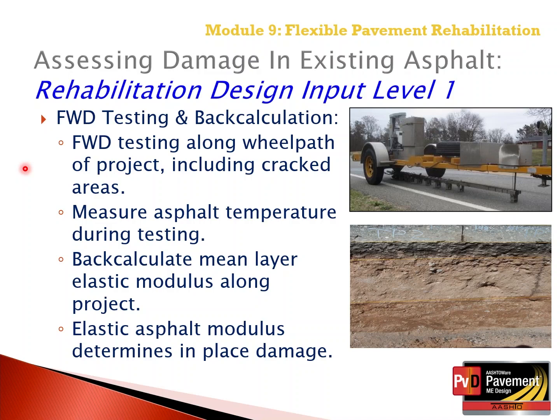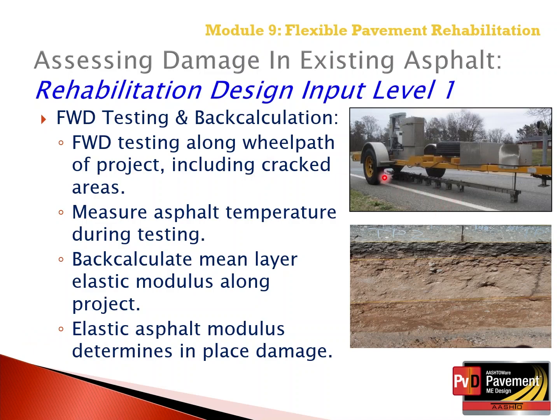For the asphalt layers, the asphalt temperature at the mean depth of the asphalt layer is also recorded during testing, or it can be calculated external to the Pavement ME design program. And so the elastic asphalt modulus determines the in-place damage of the existing asphalt pavement.